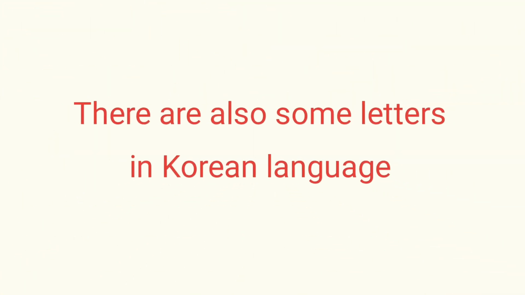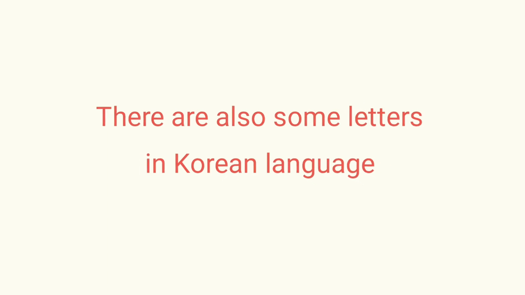And finally, we mustn't forget that there are also some letters in the Korean language, but not really as significant as the previous letters. These are double letters, and they have a little difference from the letters we've learned previously.